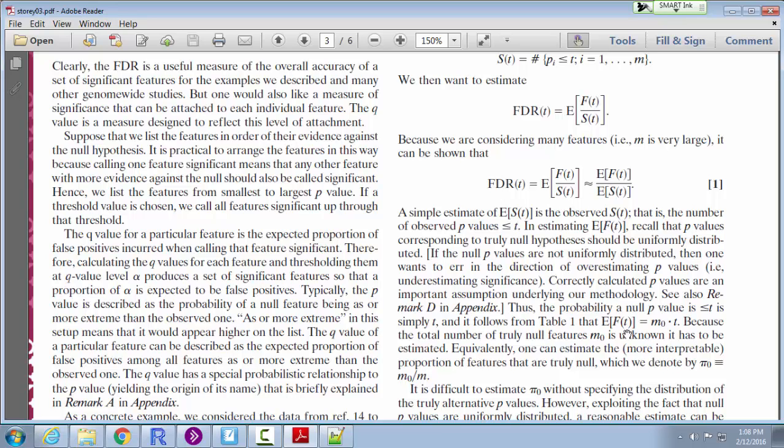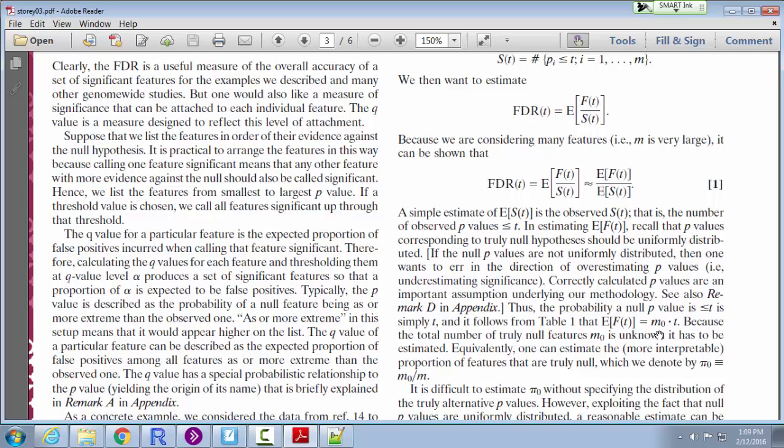But the probability that any one null feature has a p-value below that threshold is t. So the expected value of this quantity, if you're familiar with the lingo, this is a binomial random variable. And the expected value of a binomial random variable is the number of trials times the common probability of success. M0 times t.